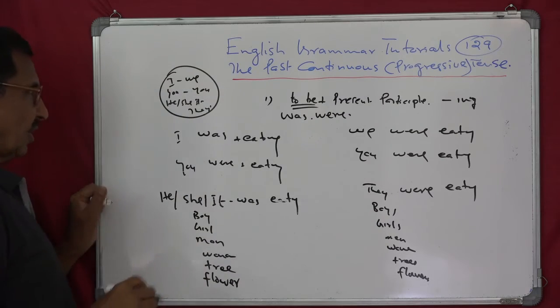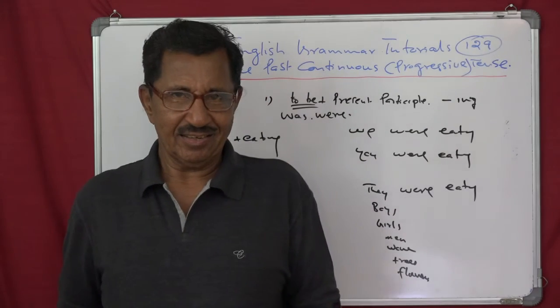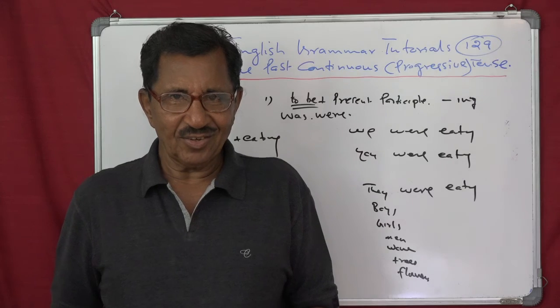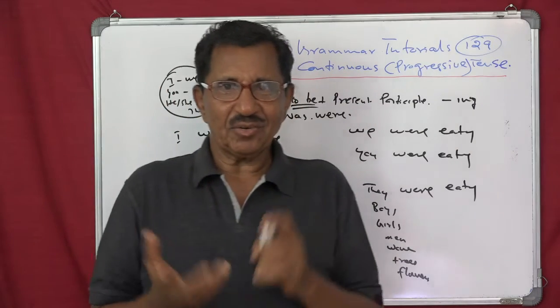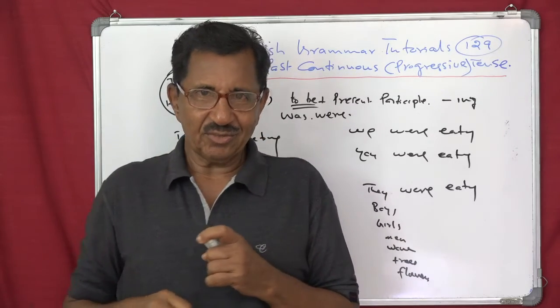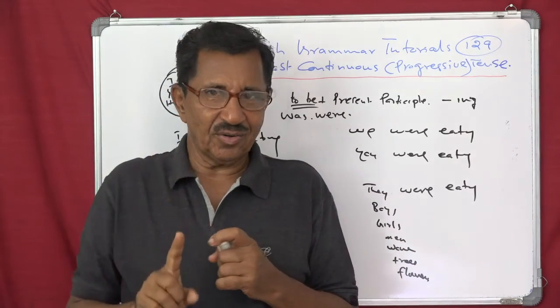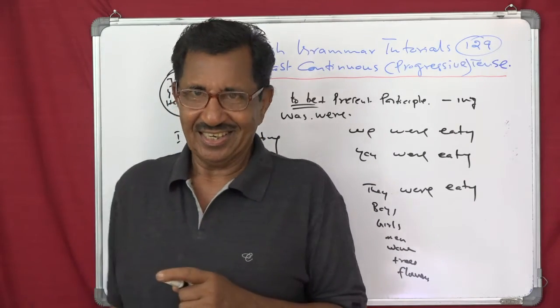So you can produce millions of sentences. But as you know, these millions of sentences are variations of these 6 basic forms. That's why in the beginning of this class I told you there are only 6 sentences in English.